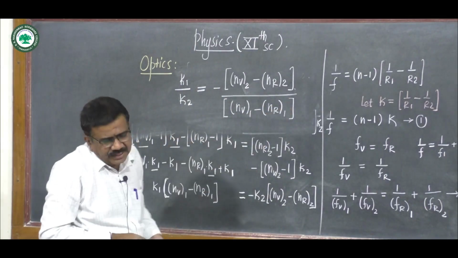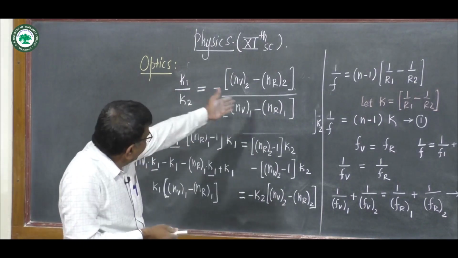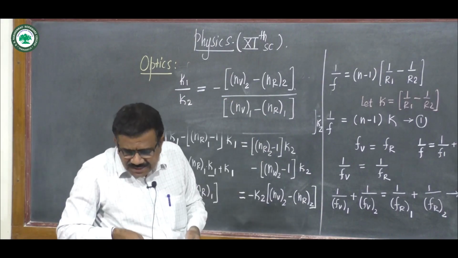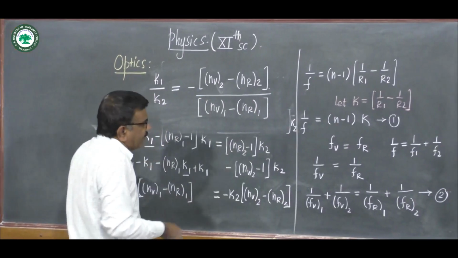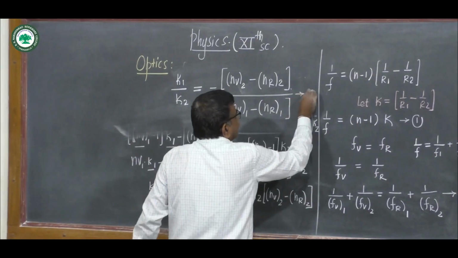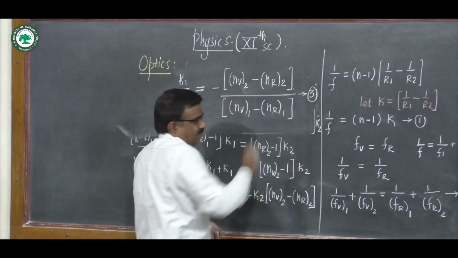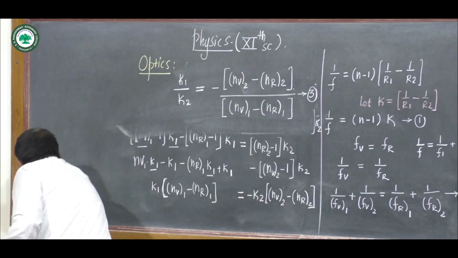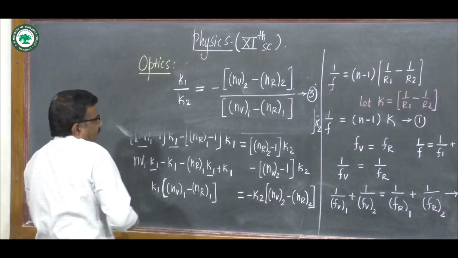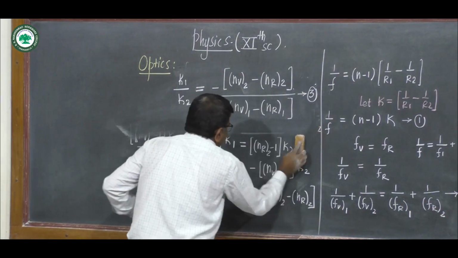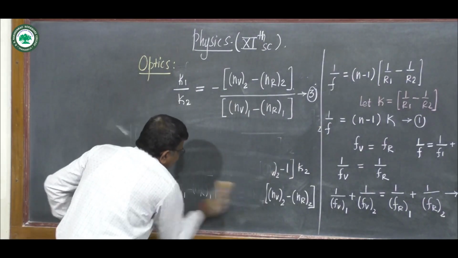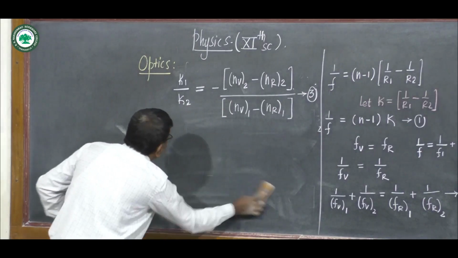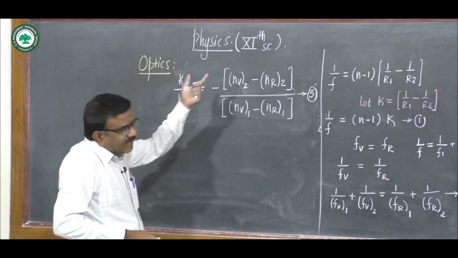We get K1 upon K2 as minus (nV2 minus nR2) divided by (nV1 minus nR1), and we call it as equation 3. This is our equation 3. Very important equation we get. Now see further steps. Steps are very simple, just we have to solve it.